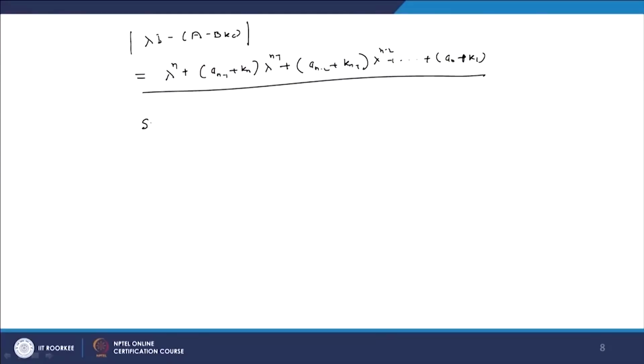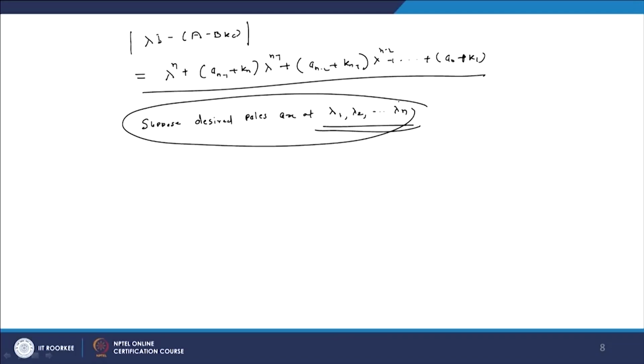So, we assume that the desired poles are at lambda 1, lambda 2, up to lambda n. These are my desired poles. They can be placed anywhere in the S plane, they can have any values, but these are my poles. Now, based on the desired poles, we can also obtain the characteristic equation.